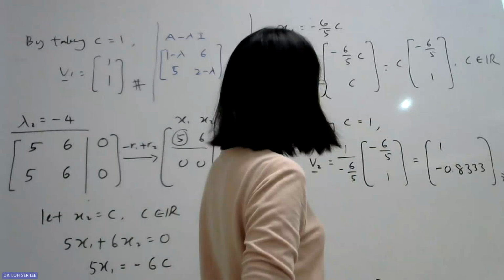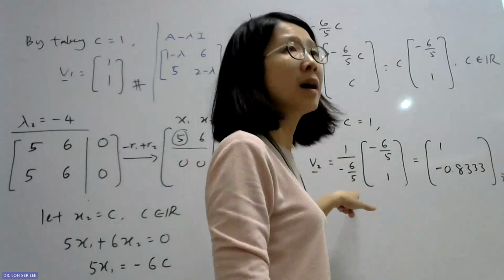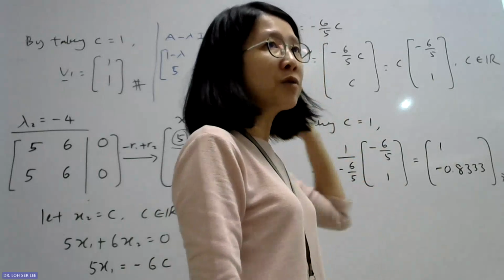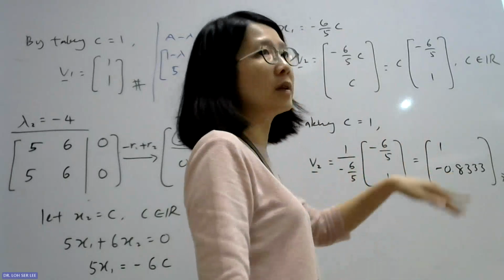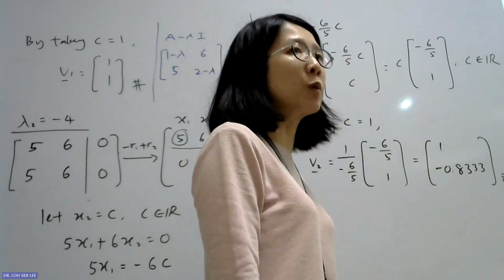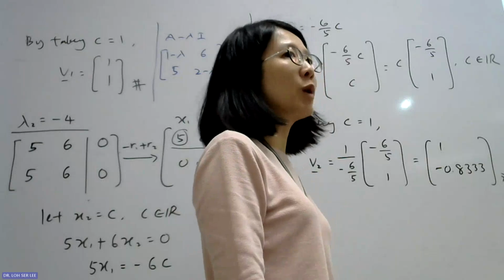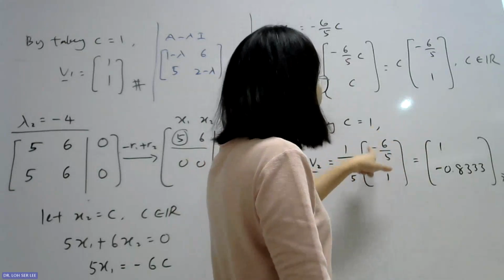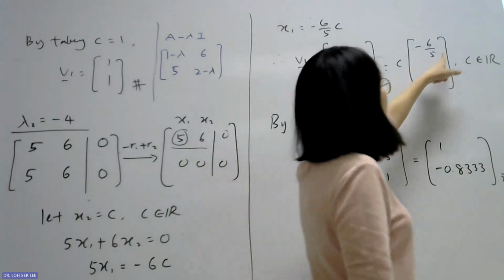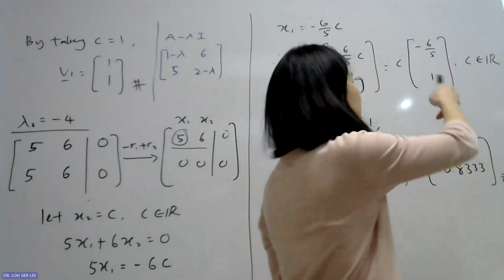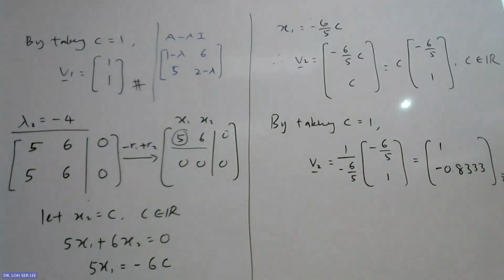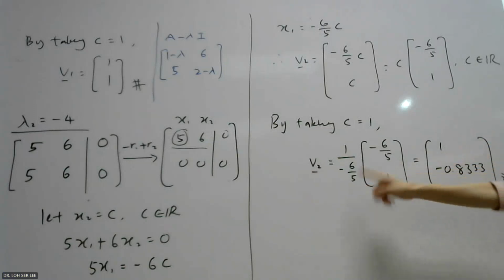That's why you have an extra step. Just now your first V1 is 1, 1; we don't have to do this because the largest magnitude is already 1. That is what we want. But this one is already more than 1, that's why we need to divide.